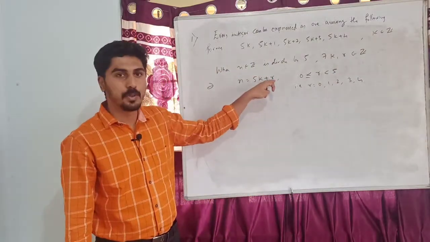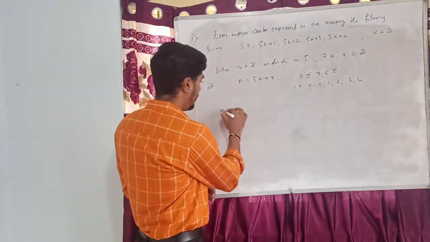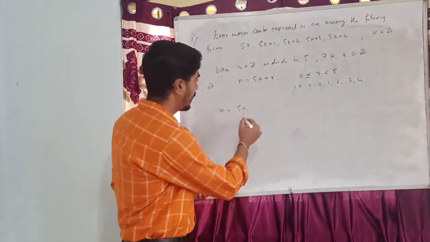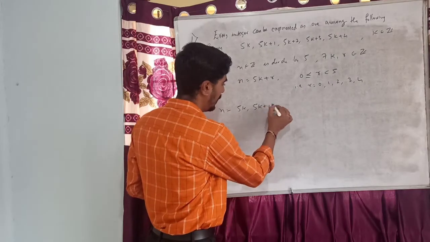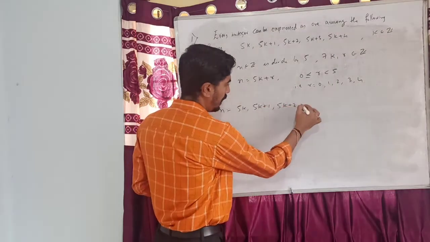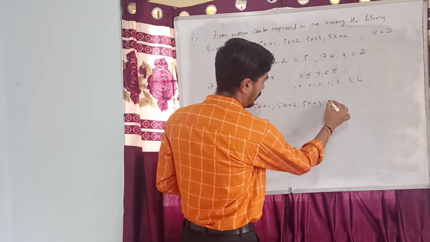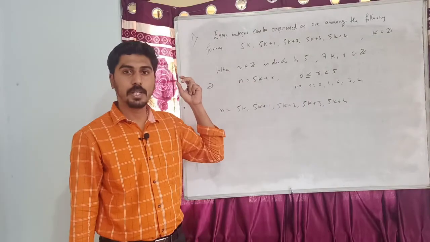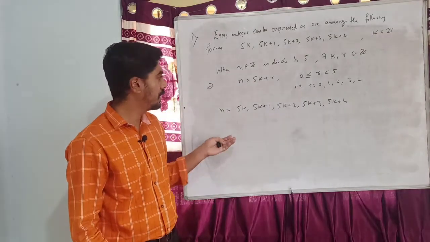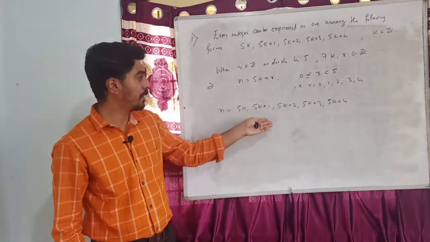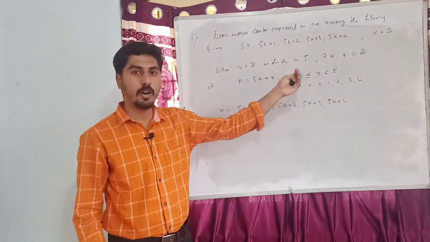If I put r equal to 0, n is equal to 5k. If I put r equal to 1, I get 5k plus 1. Similarly, if I put r equal to 2, I get here 5k plus 2, 5k plus 3 and 5k plus 4. So, if you consider any integer, it can be expressed as one of these forms: 5k, 5k plus 1, 5k plus 2, 5k plus 3 or 5k plus 4.